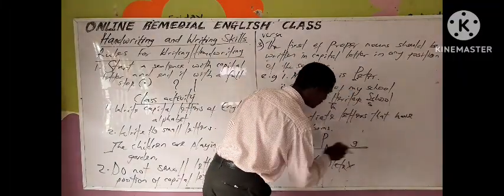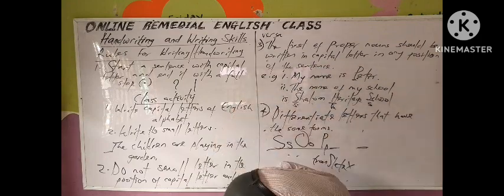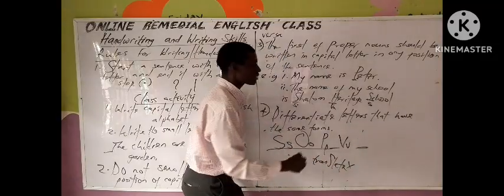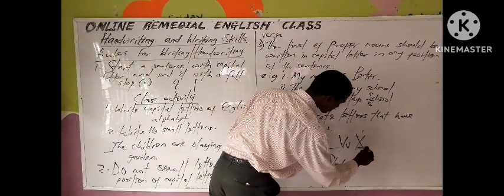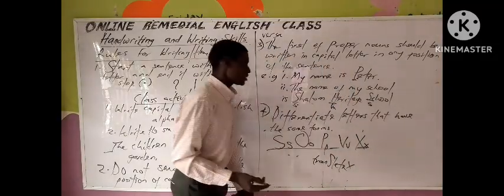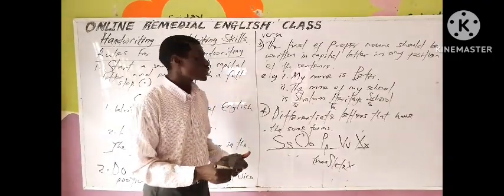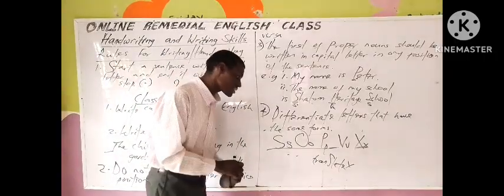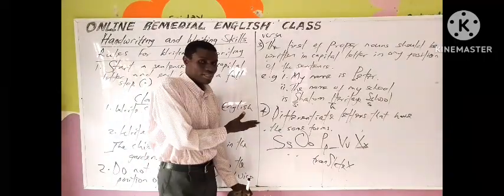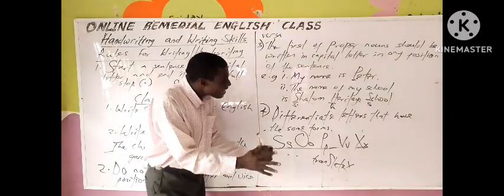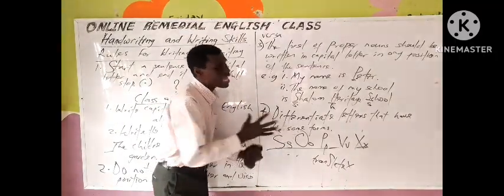We have V. We have letter V. How many others, including yours, S? So please, what is the point? Ensure that you are able to differentiate the capital, the big, from the small, for letters that have the same shape like this.